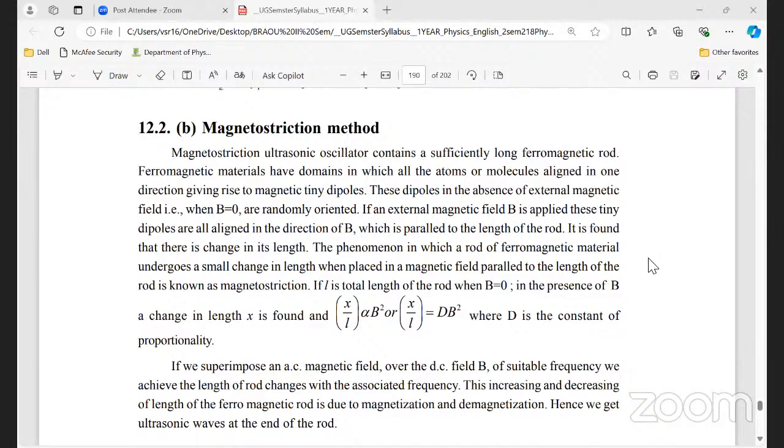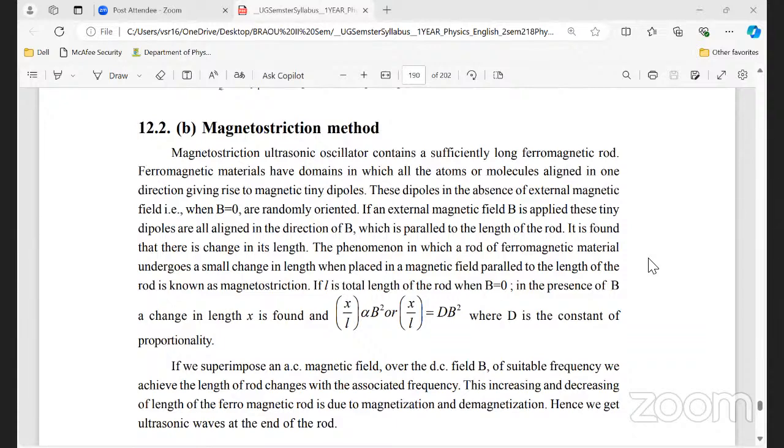This phenomenon, in which a rod of ferromagnetic material undergoes a small change in length when placed in a magnetic field, is known as magnetostriction.